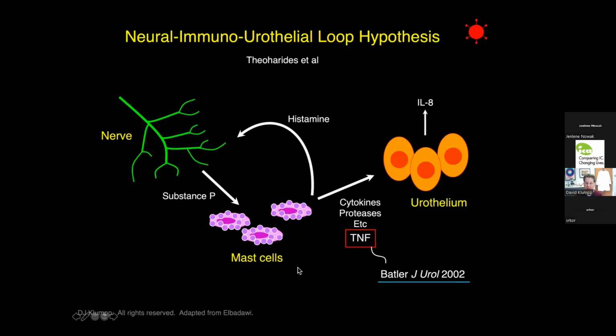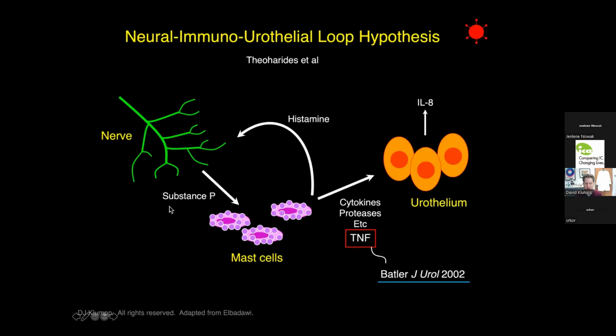So these are cells that release histamine and cause a lot of the hay fever symptoms if they're activated by a certain class of antibodies. But in this model here, what's been known for a long time is that mast cells can be closely associated in the bladder with certain types of sensory nerve fibers. And mast cells can respond to a stimulus called substance P that can be released from these.